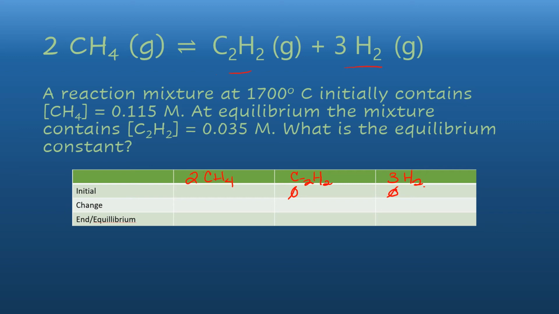And then as we read our question, it says that it initially contains 0.115 moles of methane. And then at equilibrium, the mixture contains C2H2 of 0.035.